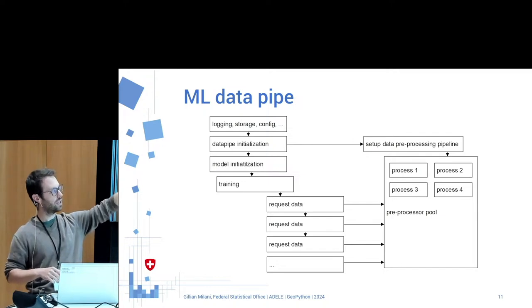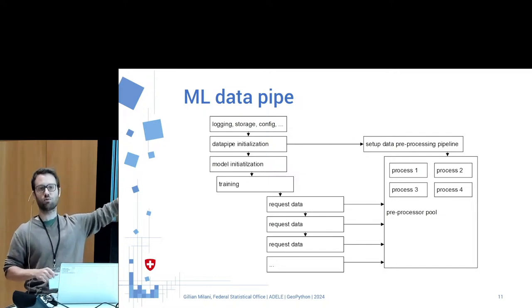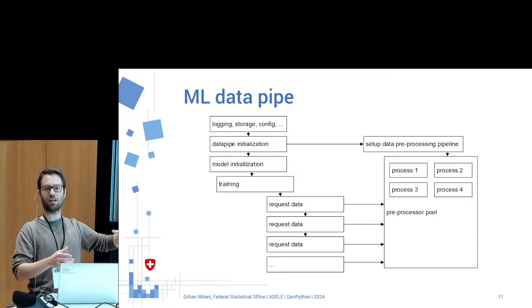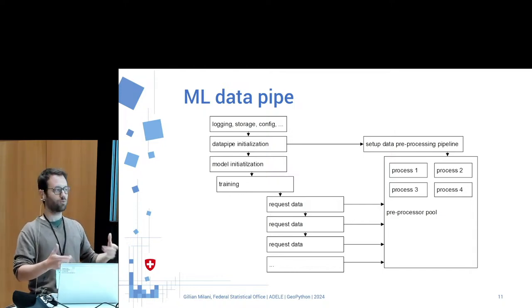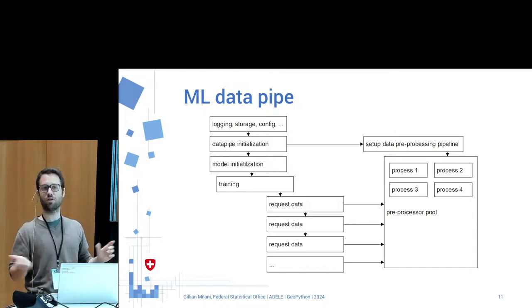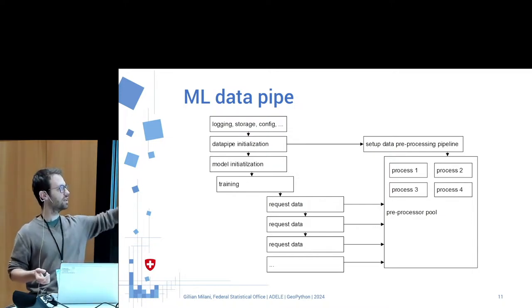And the data pipe handles it itself, and it asks individual processes to pre-process the data, so read it where it needs to be read, do some modification before going to the ML pipeline if needed, and then send it back to do the actual training within the model.